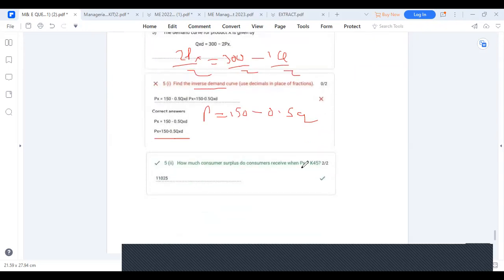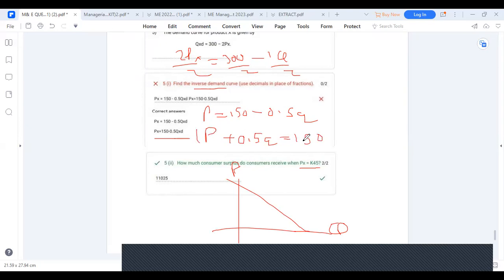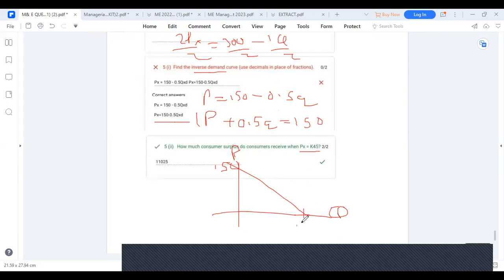Find the consumer surplus when P is equal to 45. So you sketch this diagram here, the intercepts P and Q. You put the letters on one side. 1 into 150, cut at 150. 0.5 into 150 is what? 300.